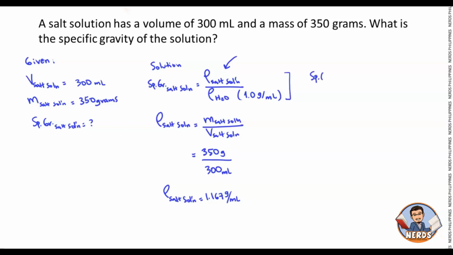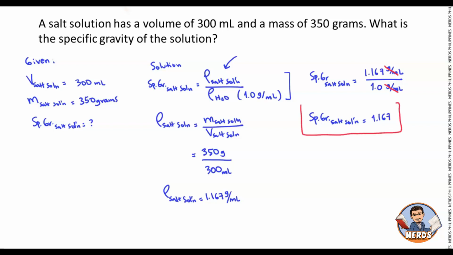So, specific gravity ng salt solution is equal to yung density ng salt, which is equal to 1.167 grams per milliliter over density of water, which is 1.0 grams per milliliter. So, maka-cancel out yung units natin sa numerator and the denominator. So, what we'll have here is the specific gravity of the salt solution is equal to 1.167. So, this is our final answer sa question na to.